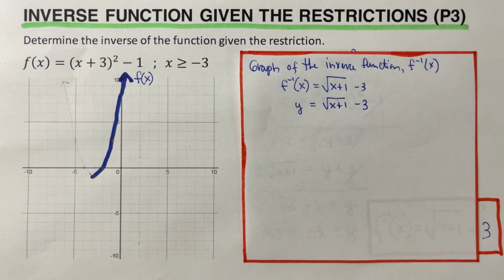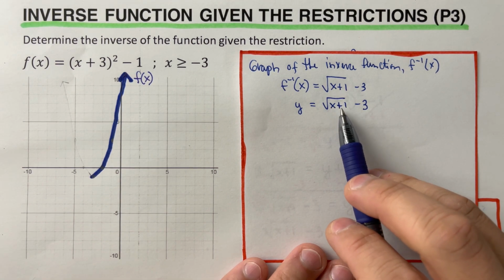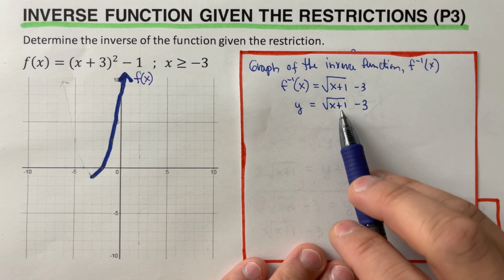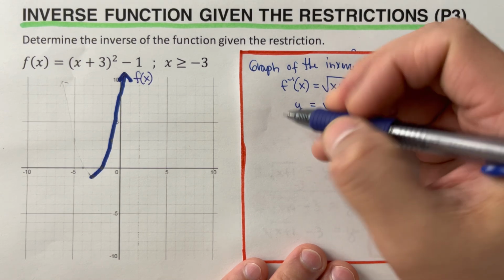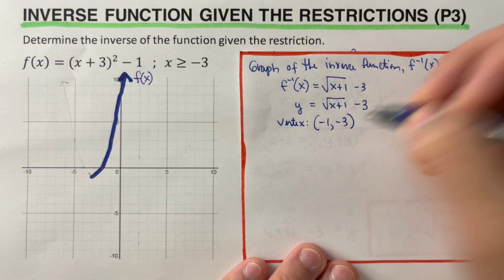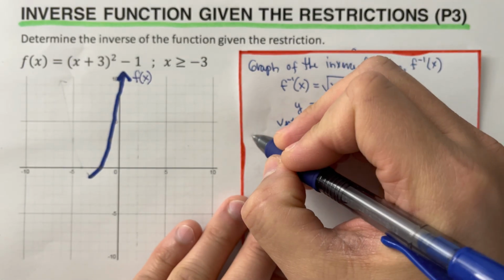Okay, just by looking at this equation that we have right here, our vertex is, remember we switch and keep, so our vertex is located at negative 1, negative 3. So I'm just going to write that down here. Now we are going to determine the equation that we're going to use to complete the table.